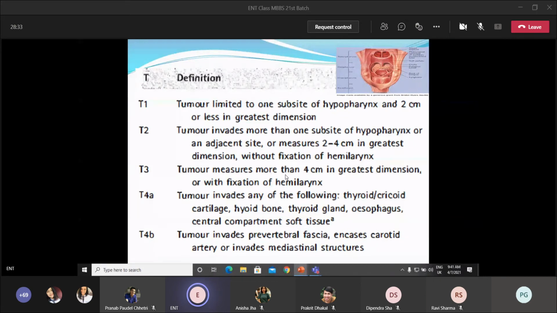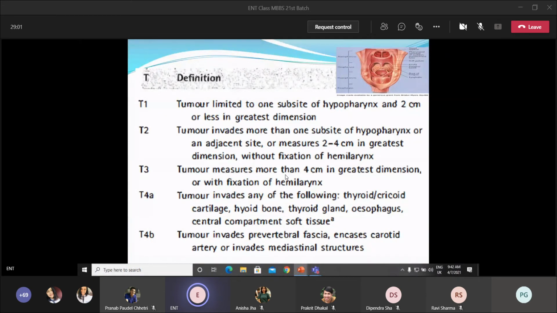In 4A, it invades any of the following: thyroid or cricoid cartilage, hyoid bone, thyroid gland, esophagus, central compartment soft tissue. Okay. T4B is when the tumor invades the prevertebral fascia, encases the carotid artery, or invades the mediastinal structures. So this is T1, T2, T3, T4.